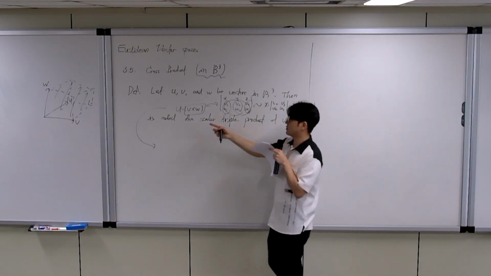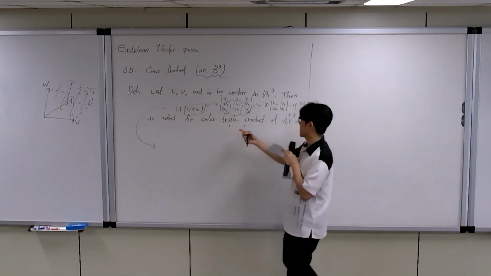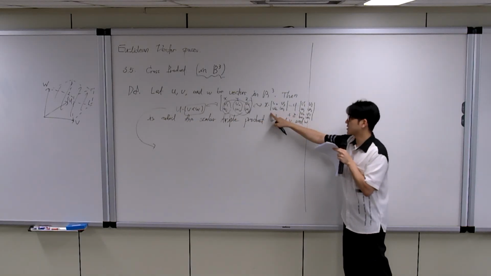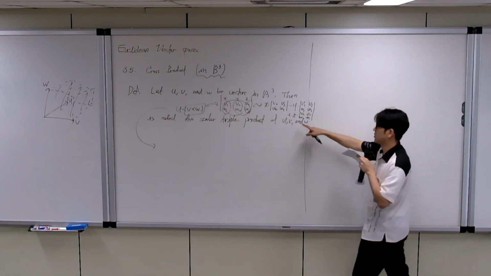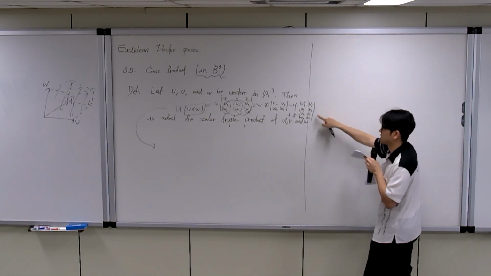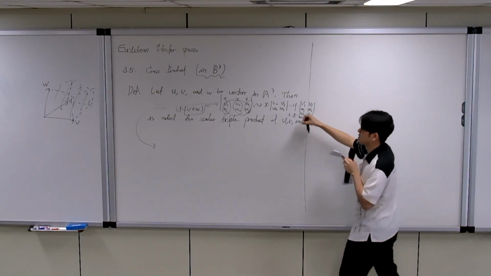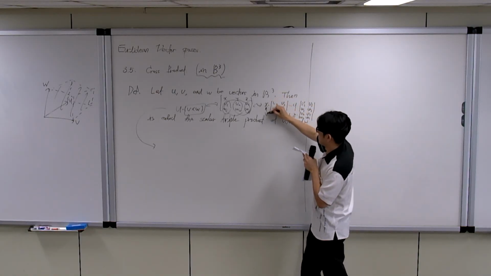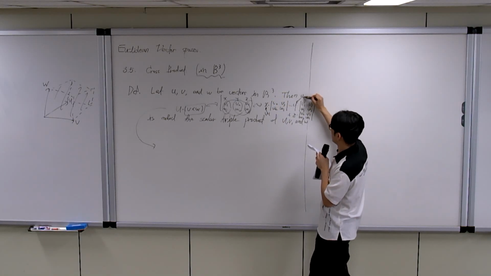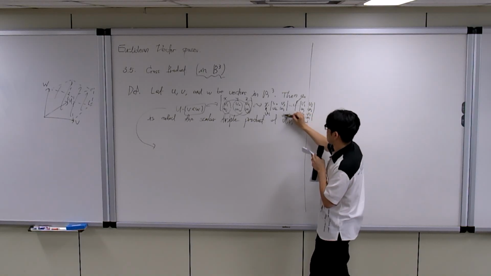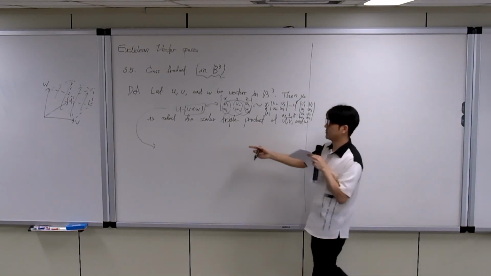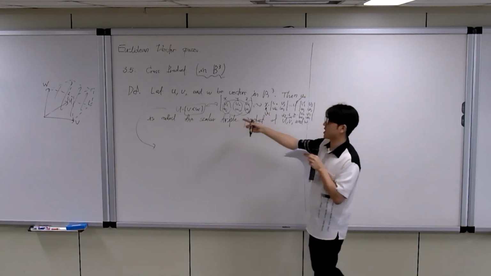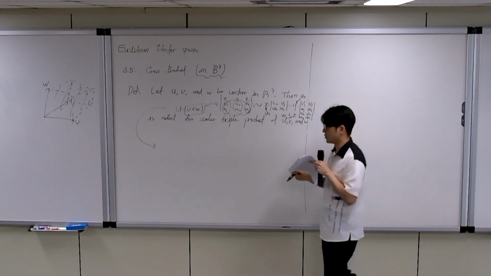If you calculate, it is just the first component of the vector v cross product w, and the second component, and the third component. So by inputting u1, u2, u3, you get the dot product between u and v cross product w.